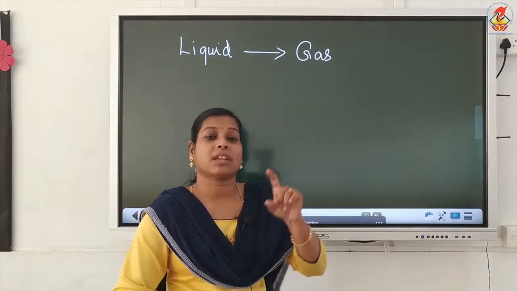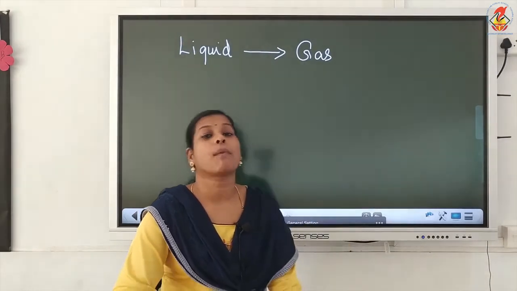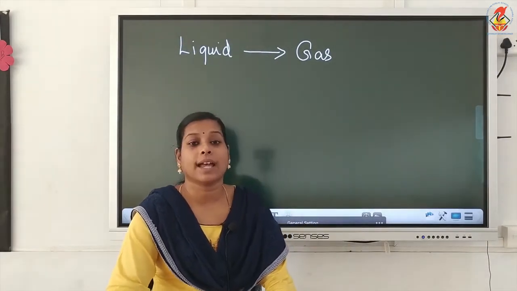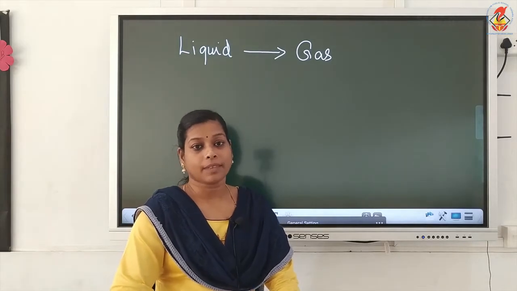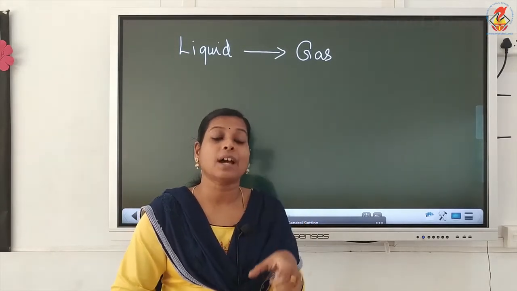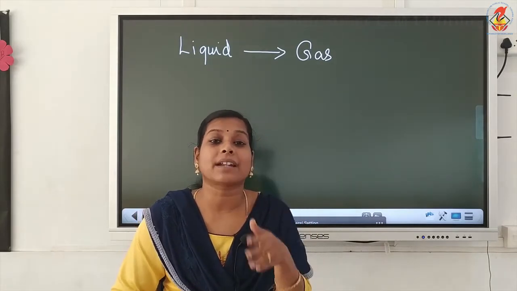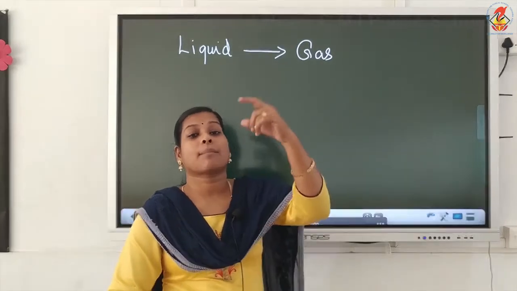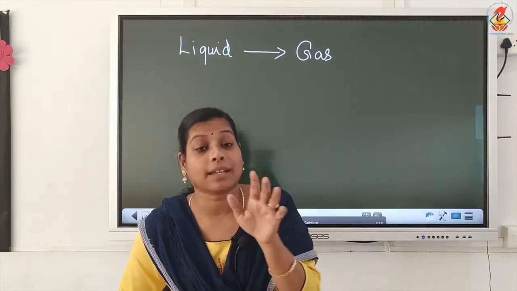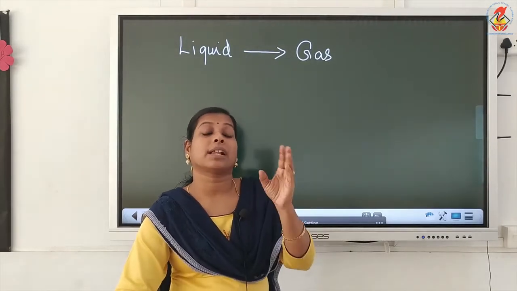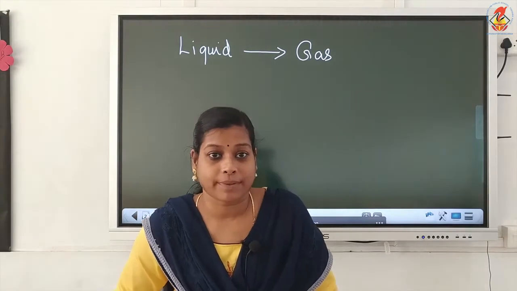So, in such a way we have to mount the thermometer using the stands, just above the water level, so that the thermometer will come in contact with the water vapors.